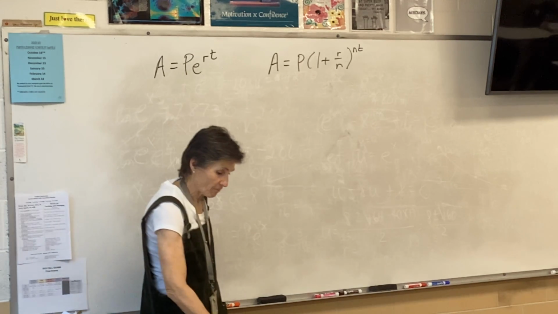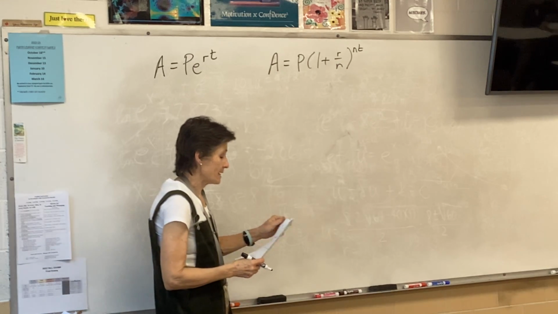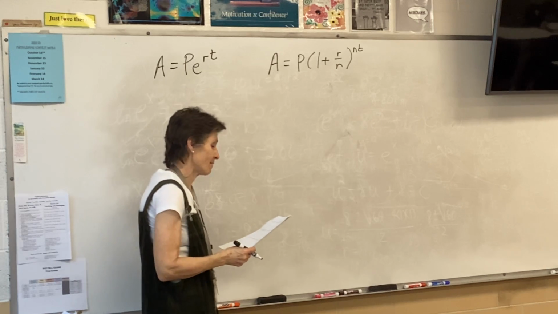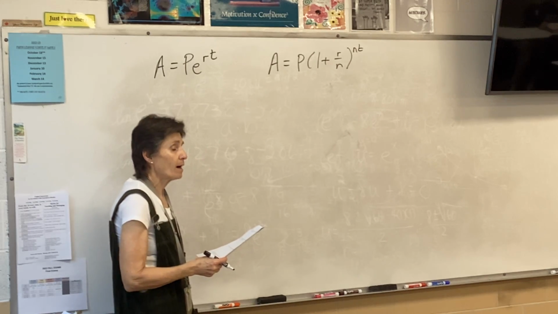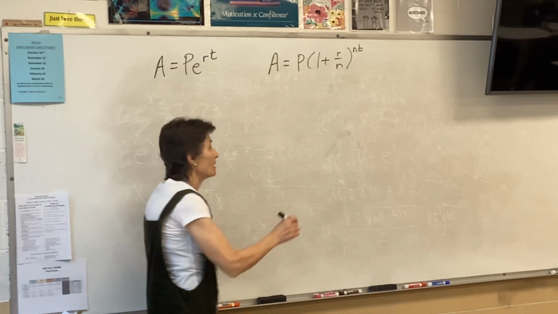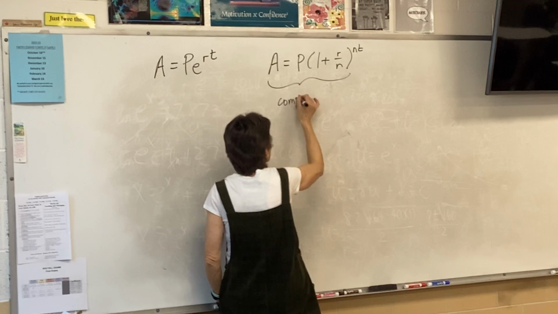Now I'm going to read the first question. How long will it take for an investment of $1,000 to double if the bank pays 2.5% interest compounded quarterly? That's the key. This is our compound interest formula.